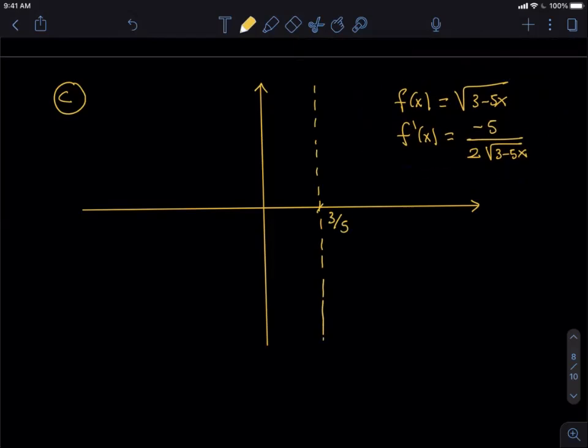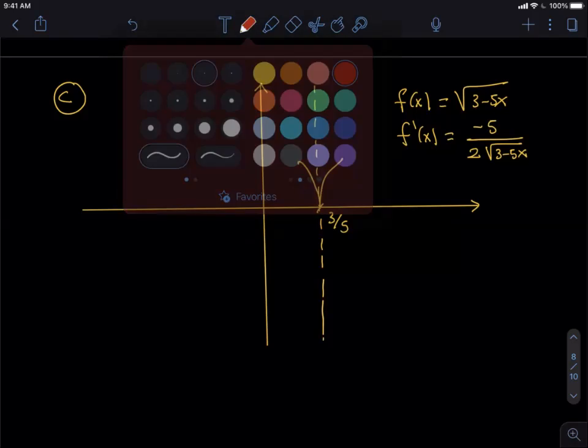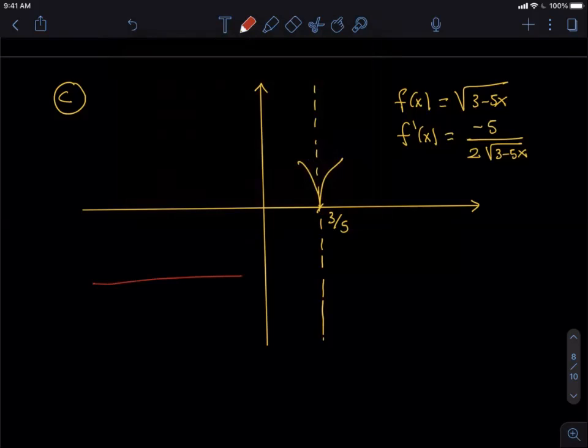And then something else we know is that when we look at the derivative, clearly the derivative becomes vertical at that point, because we are dividing by 0. So it will be either like this or like this. So which is which? Here it helps to remember what the domain is. The domain is on the left of 3/5.